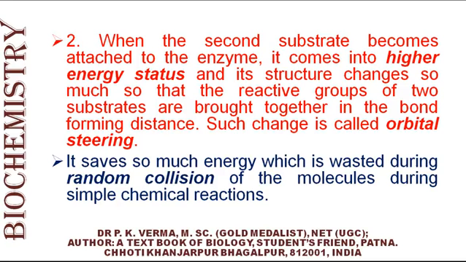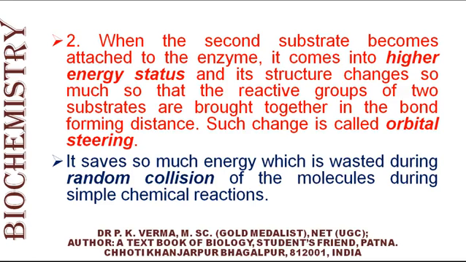If one has 5 faces and another has 6 faces, the possible collisions are 30 types, 6 into 5, 30 types. But only one collision is capable of making the bond.